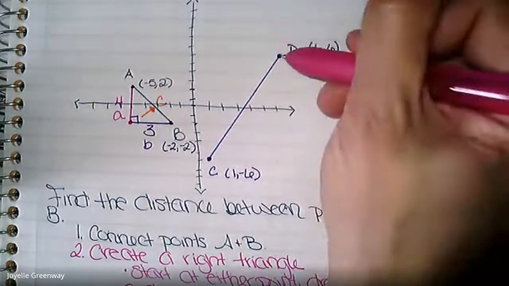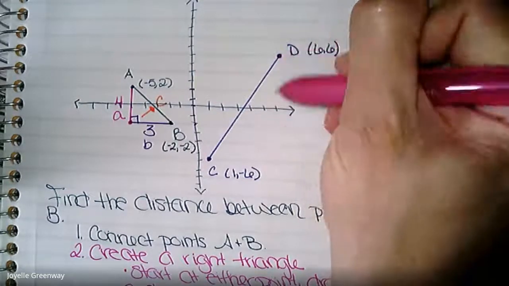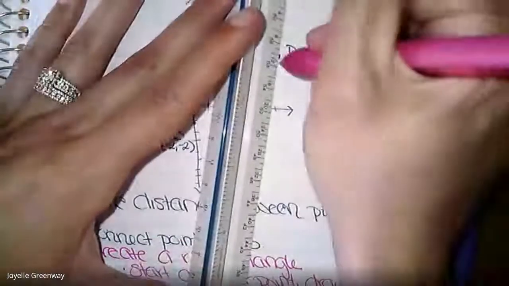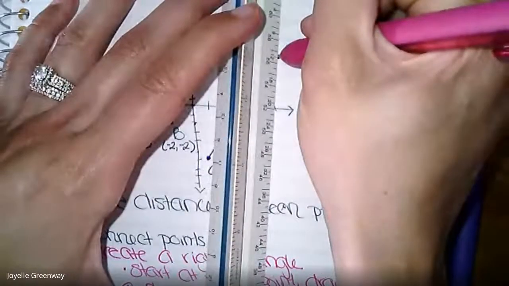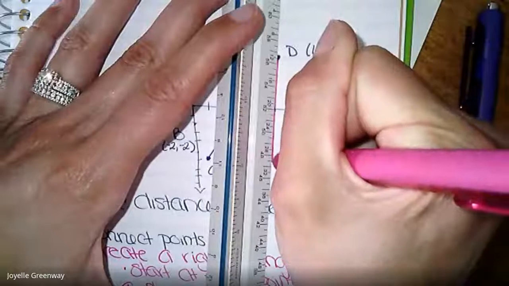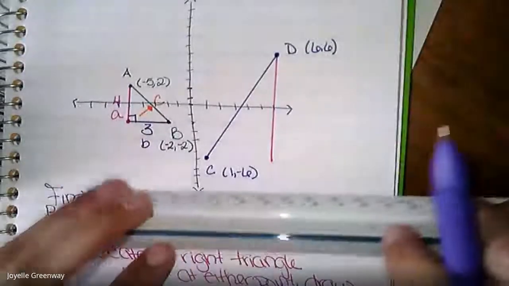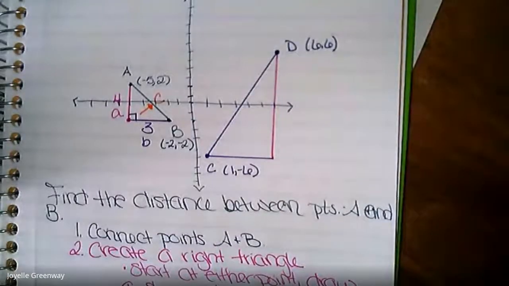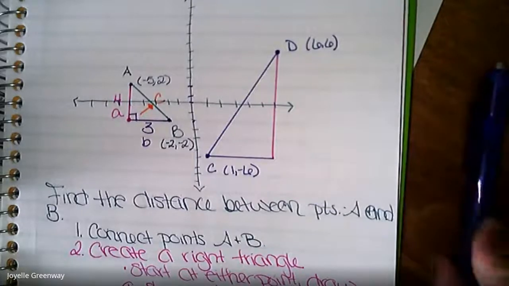That means I need to draw a line from D straight down until it's in line with C. Go down to here. And then I want to connect this part of my triangle. So now I have a right triangle.